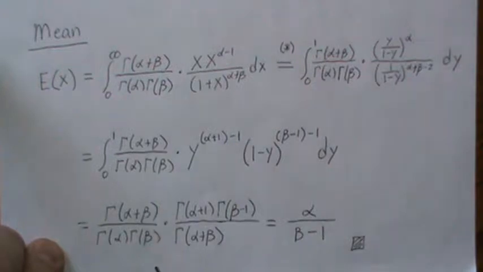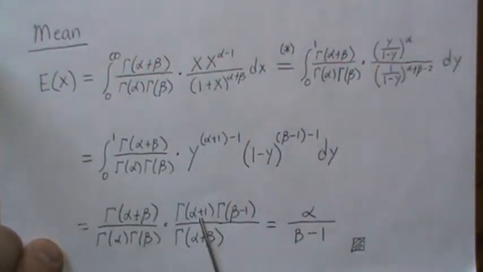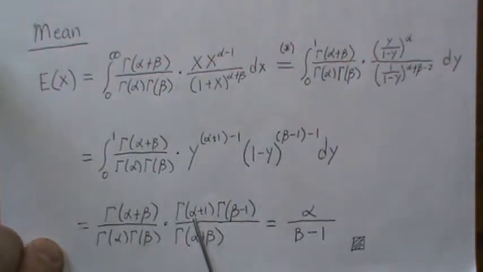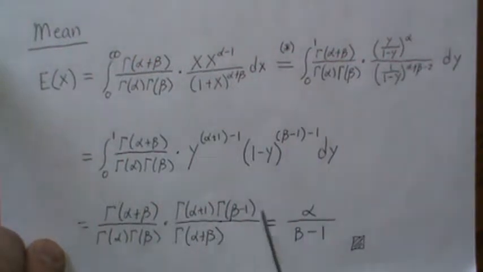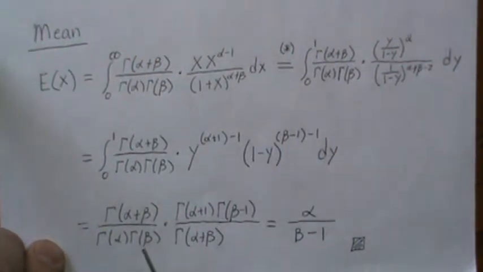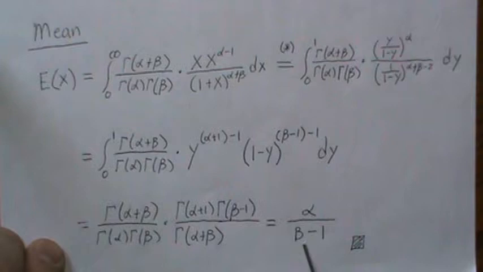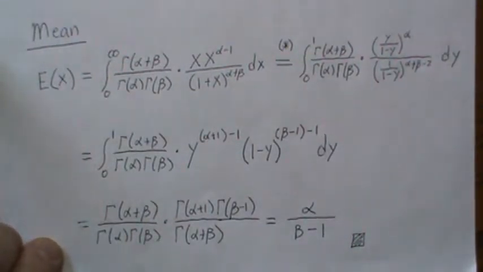But of course this cancels with that. There's one of these, so alpha times gamma of alpha is equal to this. And then you get cancellation, leaving just that, and this piece reduces to 1, or beta minus 1. And so that's the mean of a beta prime distribution.